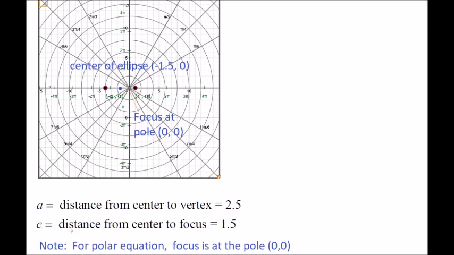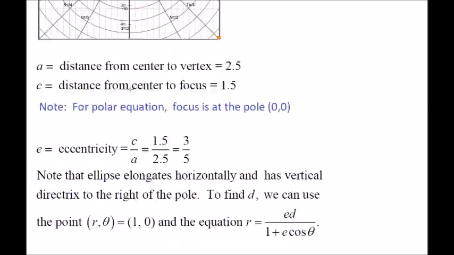And recall that c is the distance from the center to the focus, so the distance from here to here is 1.5. Eccentricity is defined as c over a, and so 1.5 divided by 2.5 reduces to 3/5.